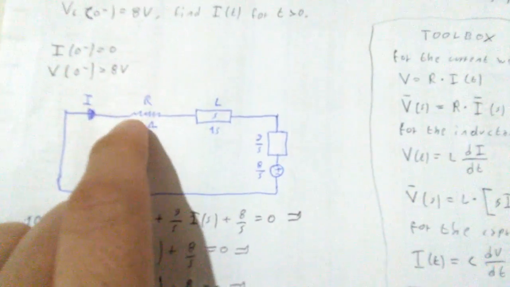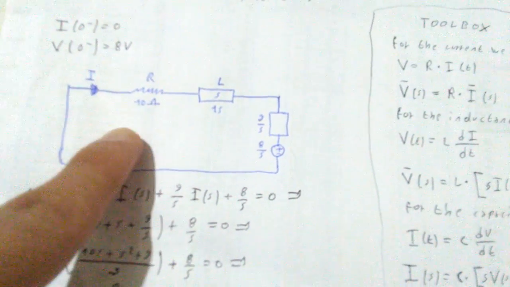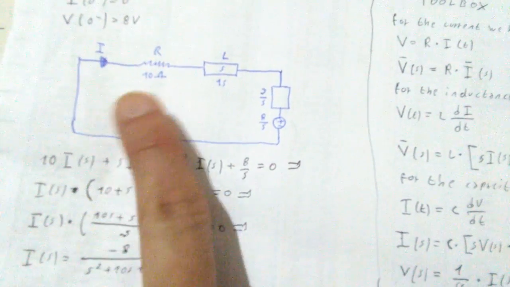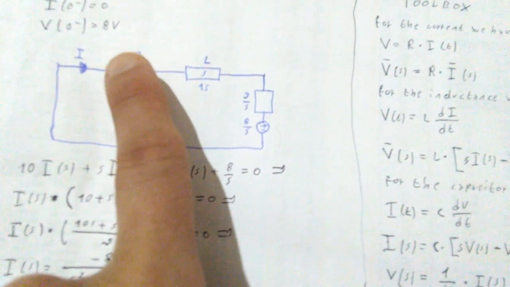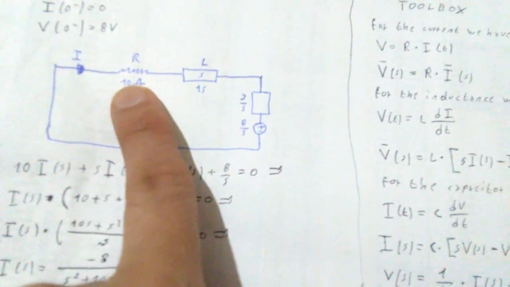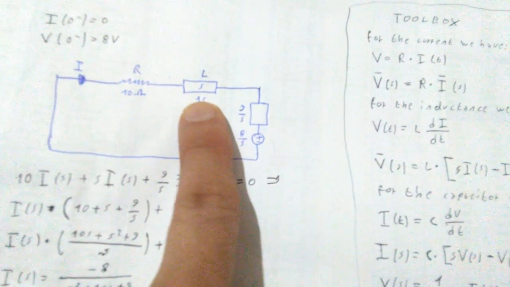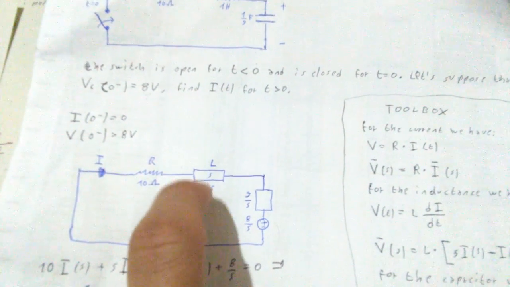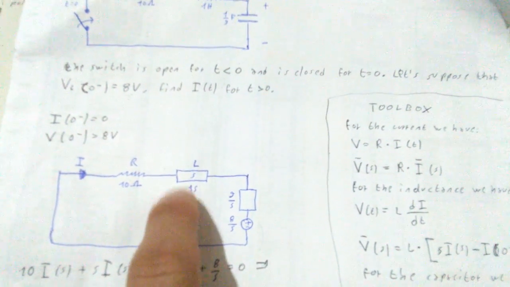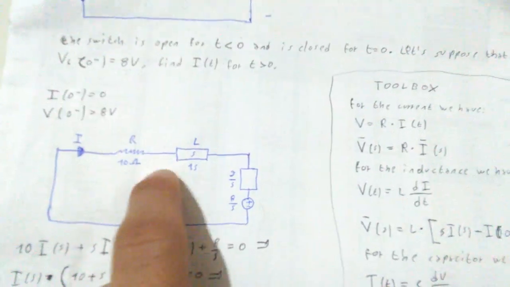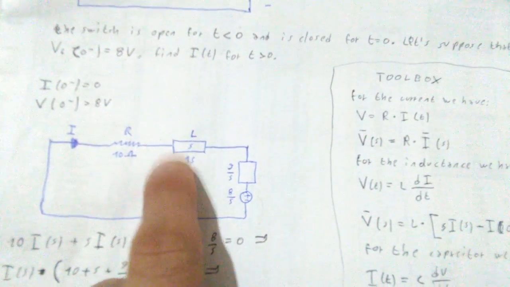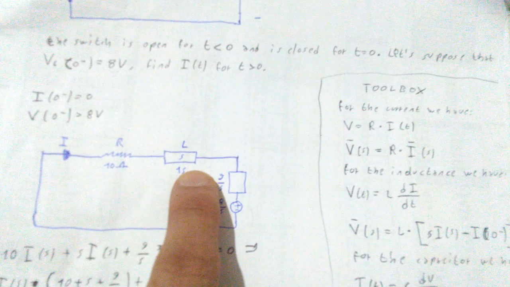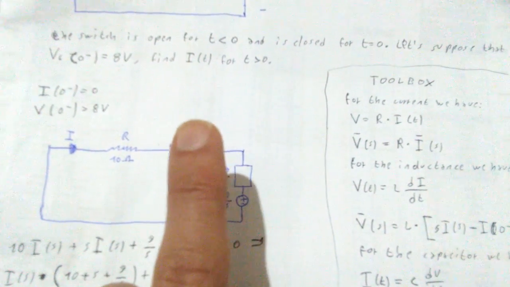So you basically get the 10 ohm. We can write it in terms of S, which is just 10S. The inductance, whatever you have, like 1 Henry, 2 Henry, 3 Henry, 4 Henry, you get 1, 2, 3, 4, 5, and so on in front of S. So it becomes 1S, 2S, 3S, 4S, and so on.